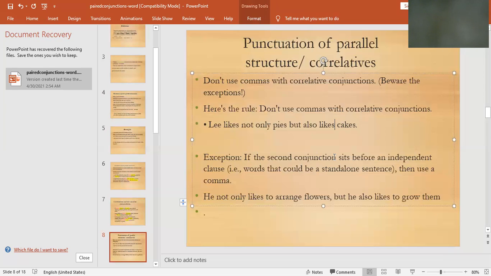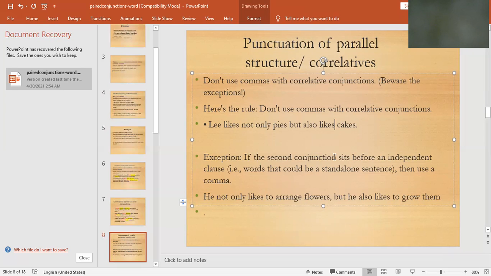Look at the example. He not only likes to arrange flowers, but he also likes to grow them. He also likes to grow them. It's an independent clause. Okay, it can stand alone. He likes to grow flowers.